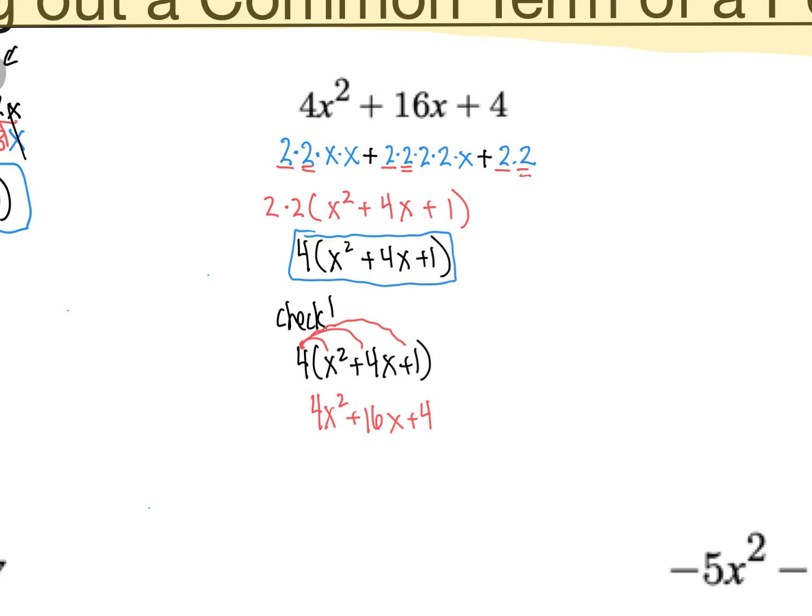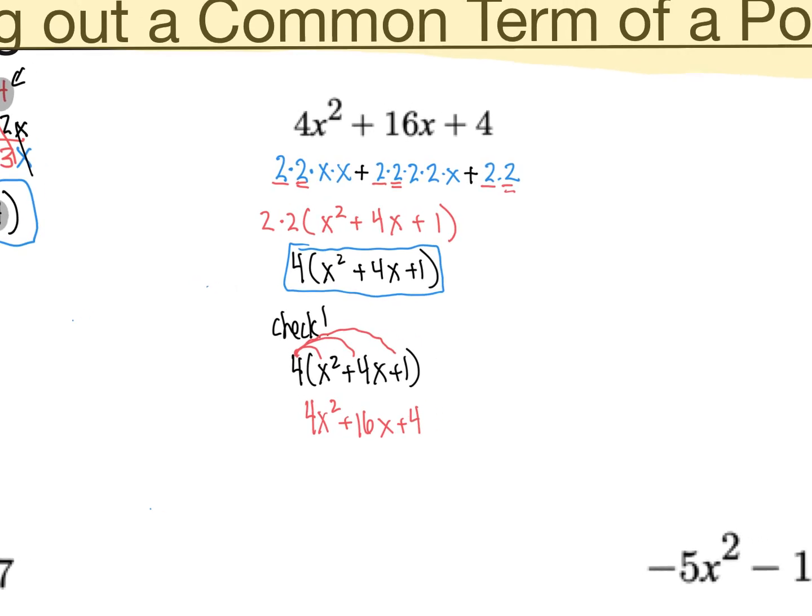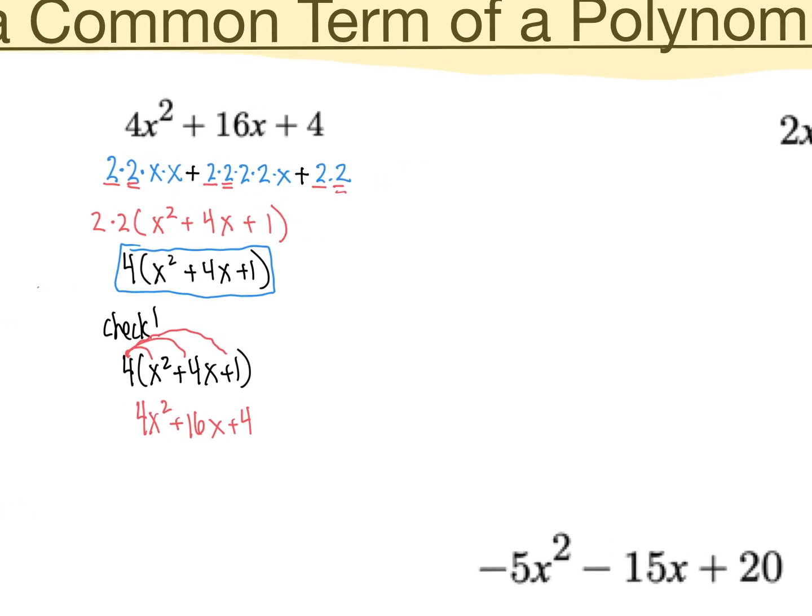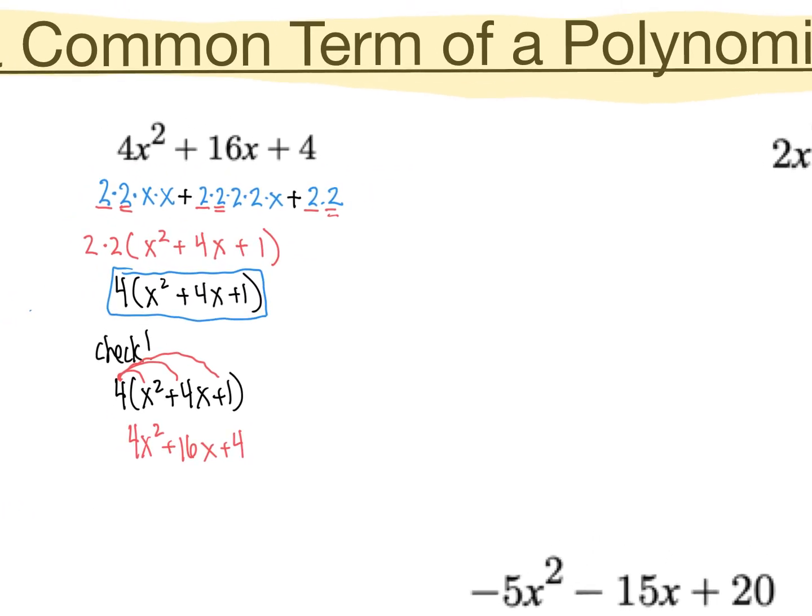Now, let's also do it the second way that I did the first one, and that one is basically looking at, well, what can I divide into each one of these evenly? And when I say these, I mean the terms of the polynomial. So let me rewrite this thing.